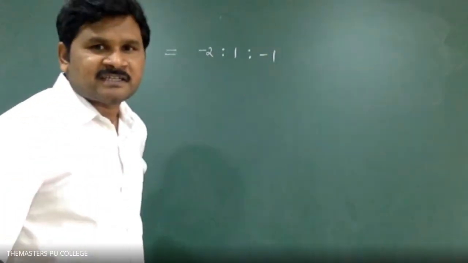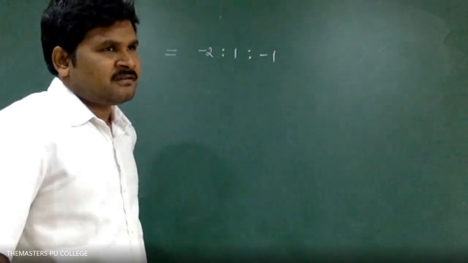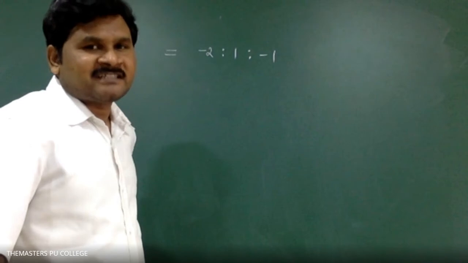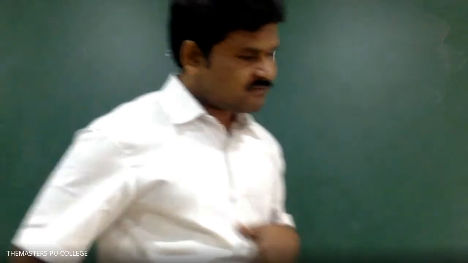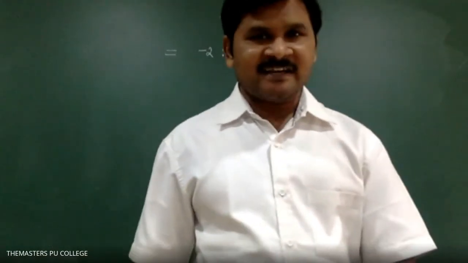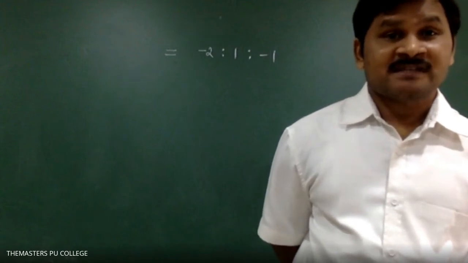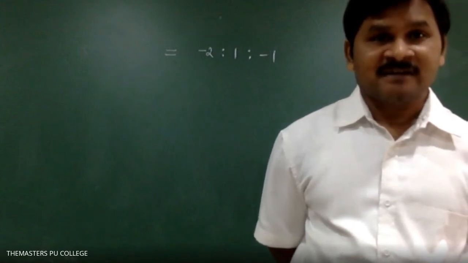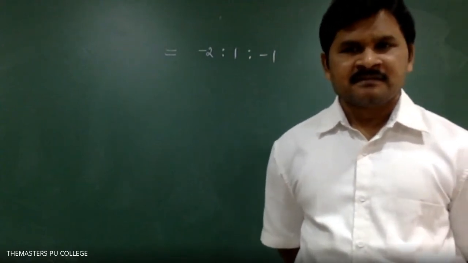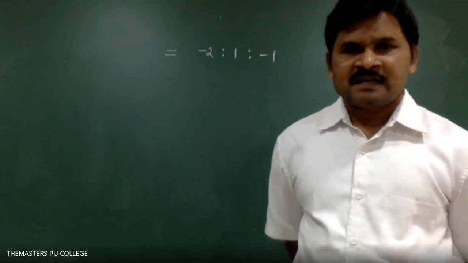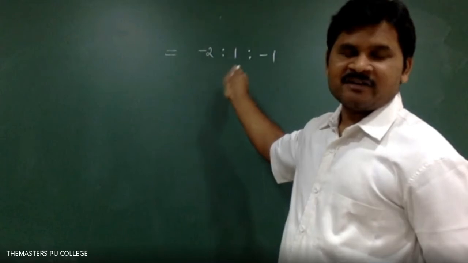-2:1:-1. Okay students? Now the question is, what is the ratio of kinetic energy and potential energy? I told three values. I want the ratio of kinetic energy and potential energy of electron in hydrogen atom. Think and say the answer.